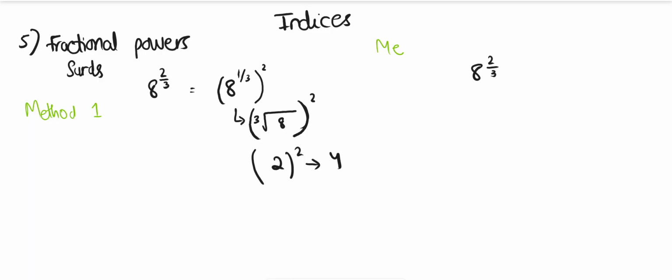Now what's the other method? The other strategy that we can use is, for example, we have 8 raised to the power 2 by 3, and if there is a student who is fond of mental maths, he knows one thing for a fact, that 2 cube is actually 8. So instead of writing 8 in a bracket, we write this as 2 cube.